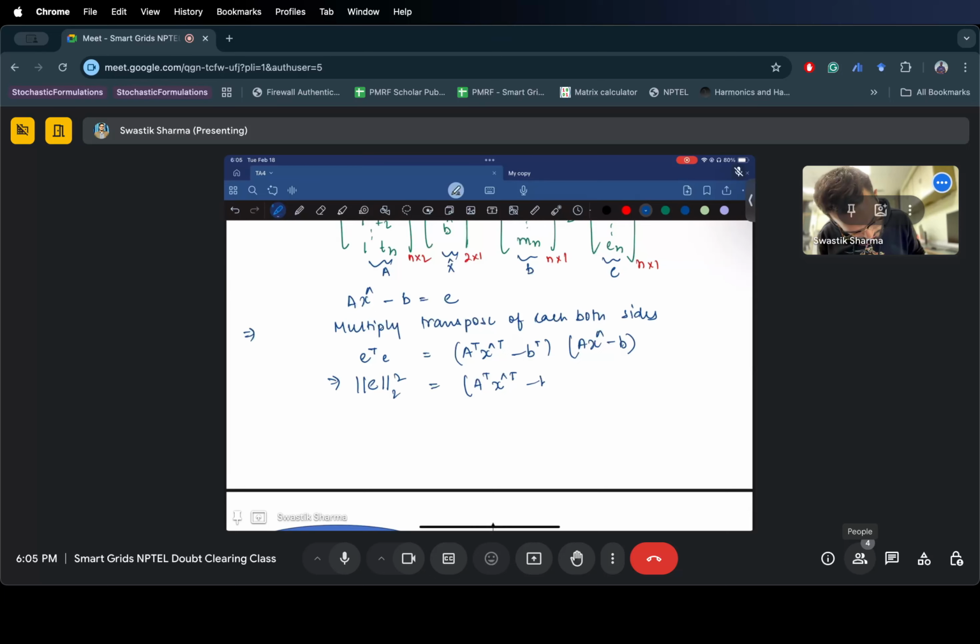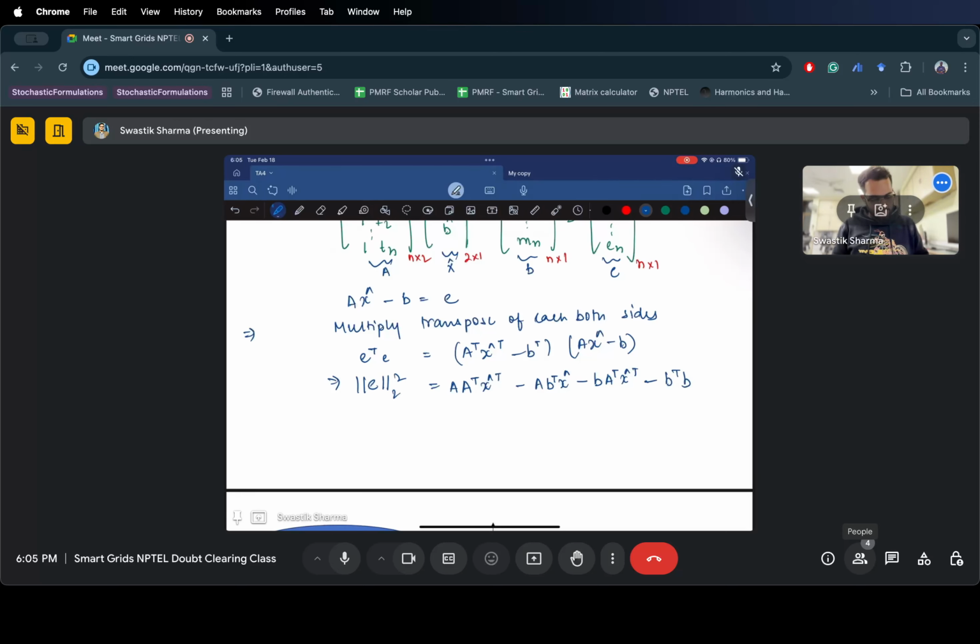Let's expand this as well. What will this be? This will be x cap transpose A transpose A x cap, minus x cap transpose A transpose B, and then minus B transpose A x cap, and then minus B transpose B.